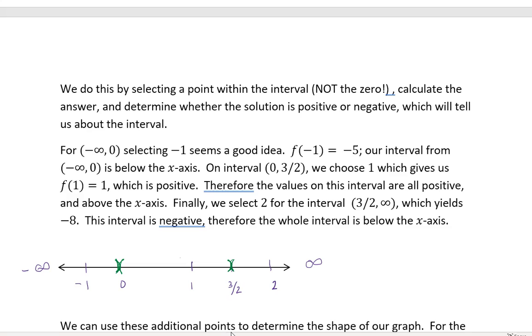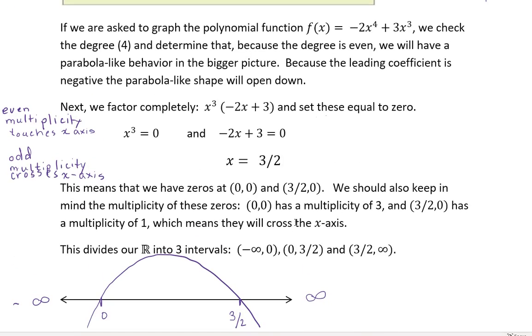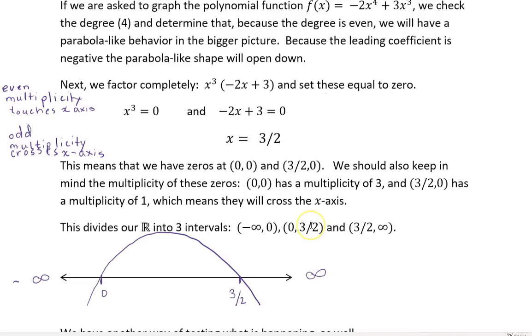Okay, so I've picked some numbers here: a -1, a 1, which is going to give us that middle interval, and then 2, which is going to give us our final interval. So we're literally just going to plug it into our original function, right? Our original function, if we take a quick look, is that x cubed and negative 2x plus 3.